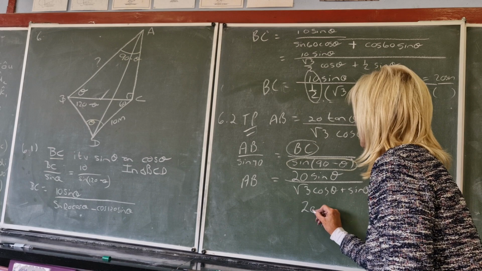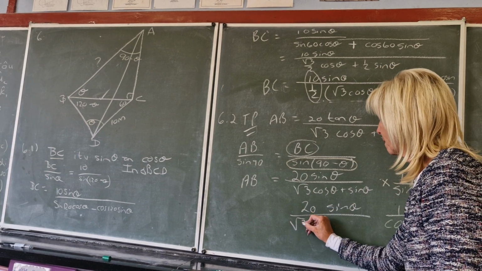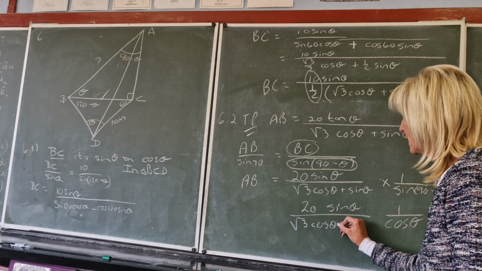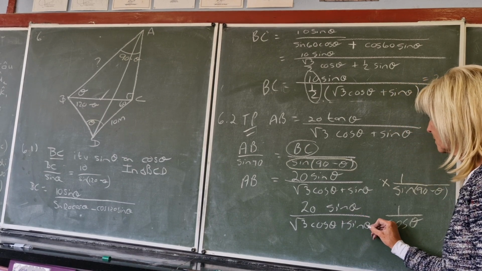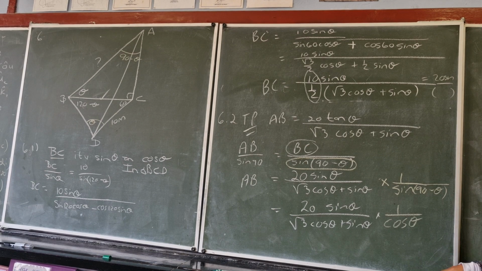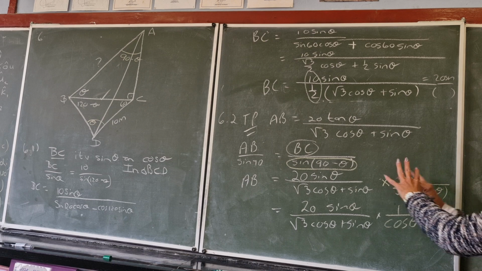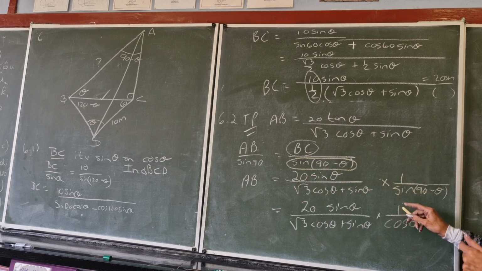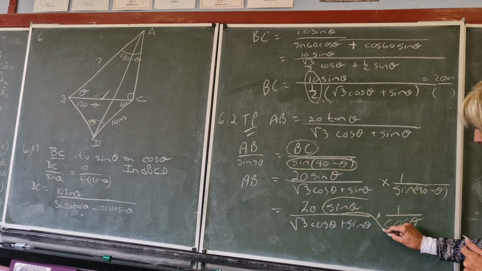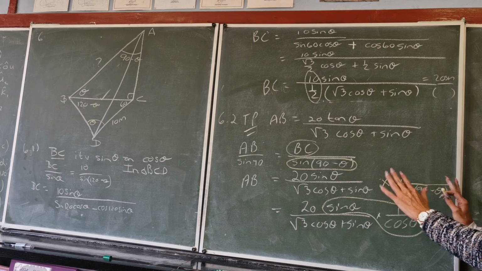So we've got 20 sin theta over all of that at the bottom. Can I just put them together? That's what this whole taking it apart and putting it back together is. So that is going to give me tan, because everything's timed and divided.